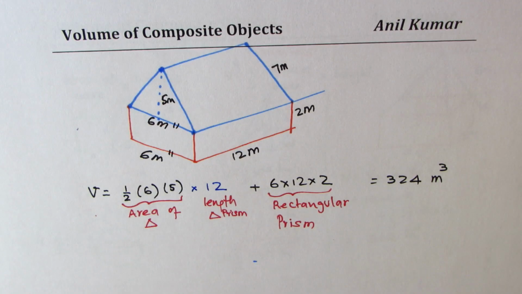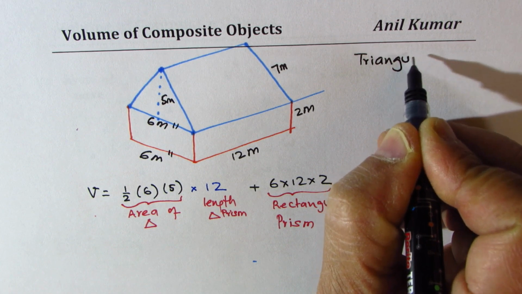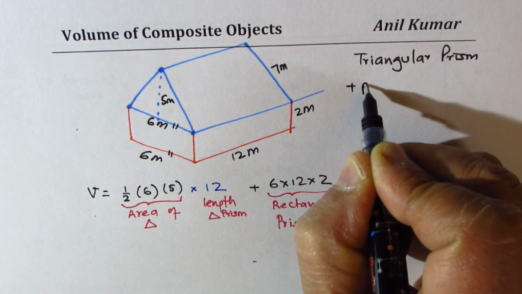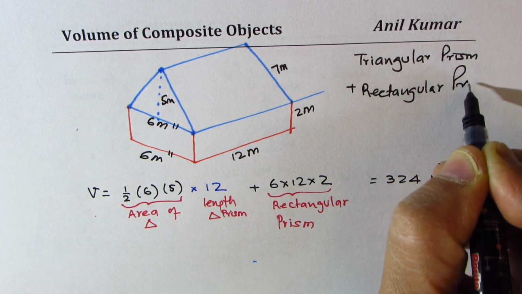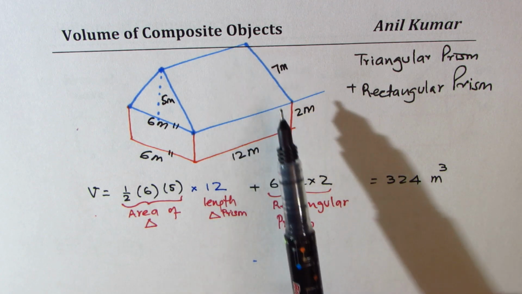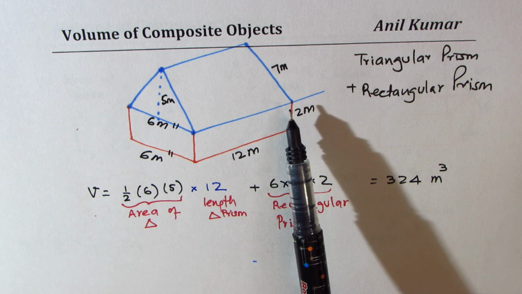The last example is the combination of a triangular prism over a rectangular prism. So we basically have a triangular prism plus a rectangular prism. It was important to note that the dimension which was given as the slant length is not to be taken.